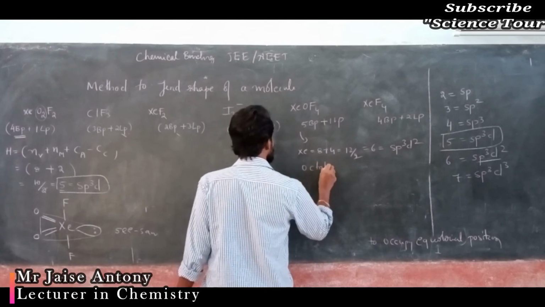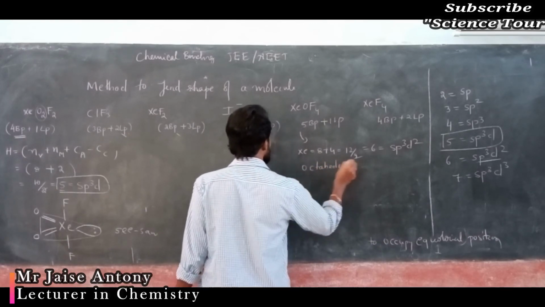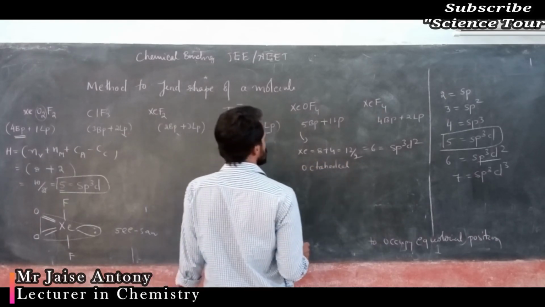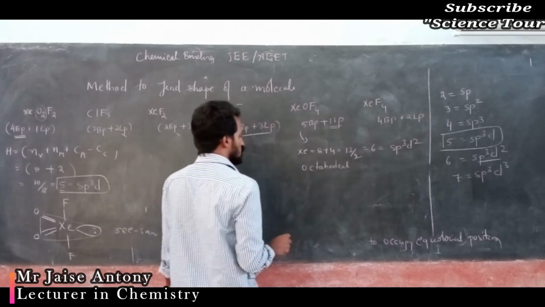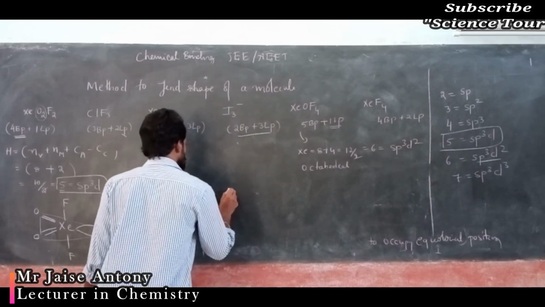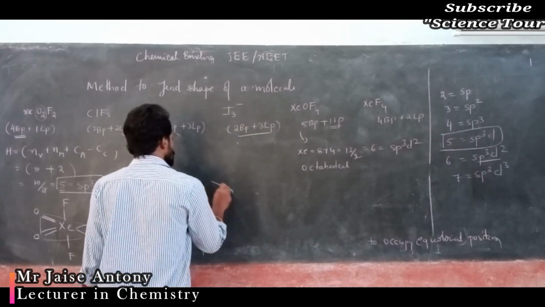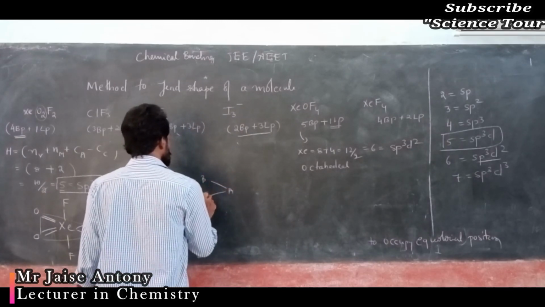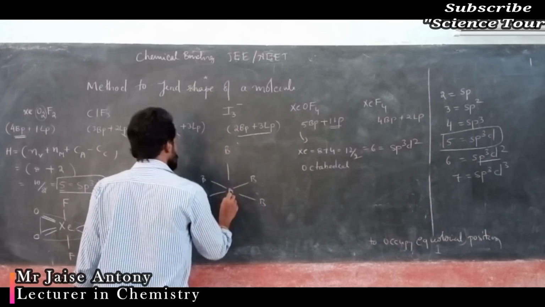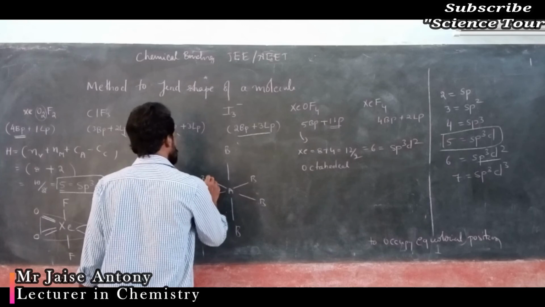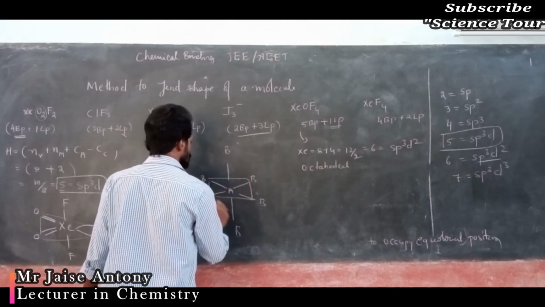The geometry is octahedral, the shape is different. Where you have to keep this one lone pair of electrons, my dear students? Octahedral means how can we write it? A, B, B, B, B, B, B. This is octahedral geometry, my dear students. Look at this.